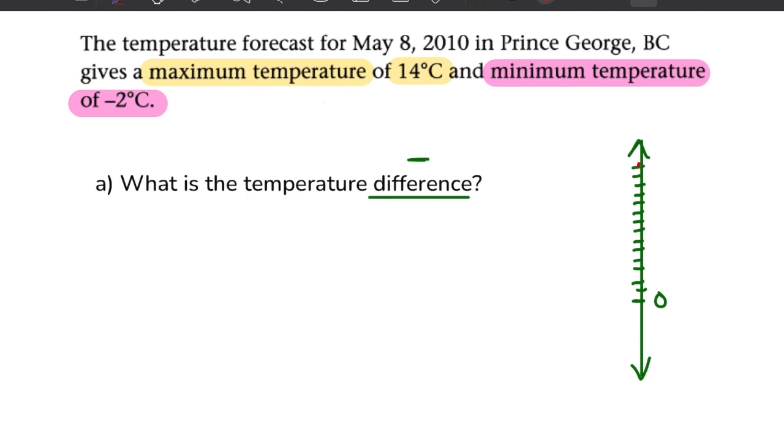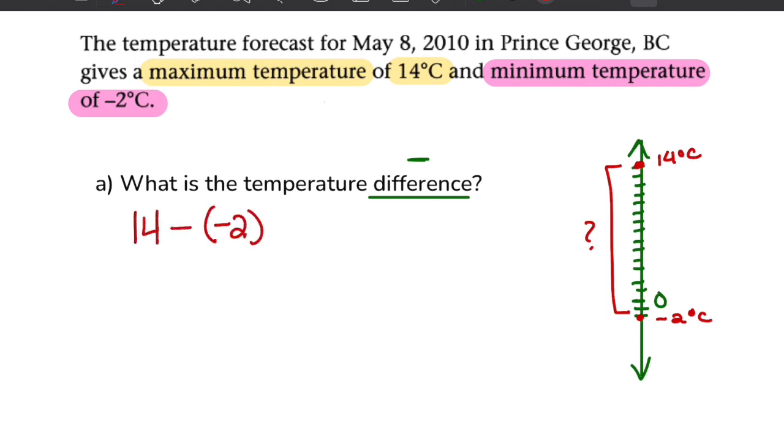Here it is. This is 14 degrees Celsius. And I'm going to count 2 below 0. So this is -2 degrees Celsius. So what we want to know is how many degrees are between 14 and -2. So we said that we subtract them. So I'm going to go 14 minus -2, and that gives me 16 degrees Celsius. So the temperature difference is 16 degrees.